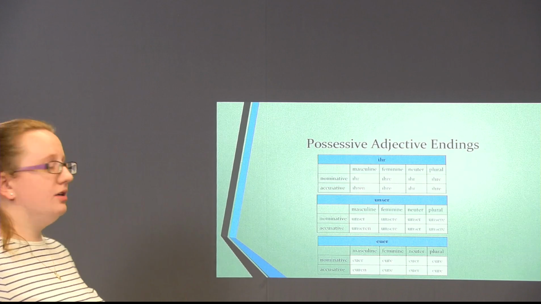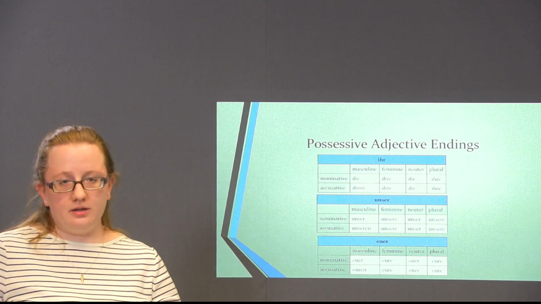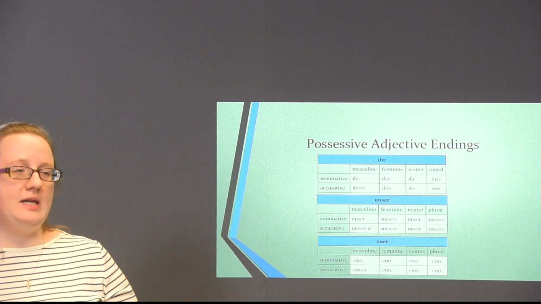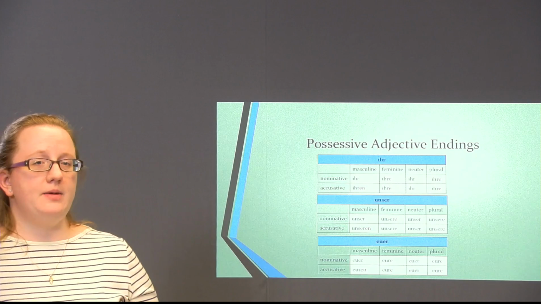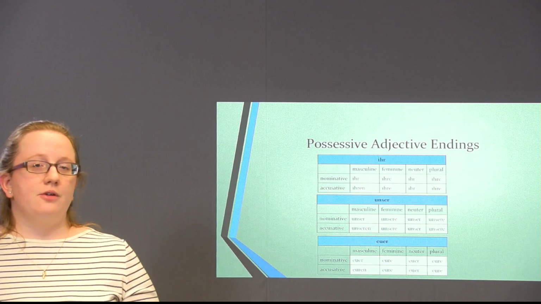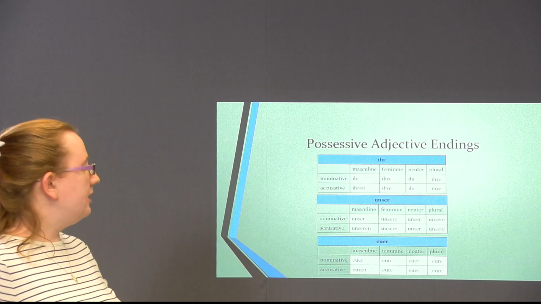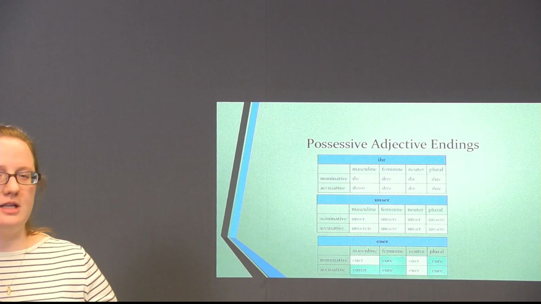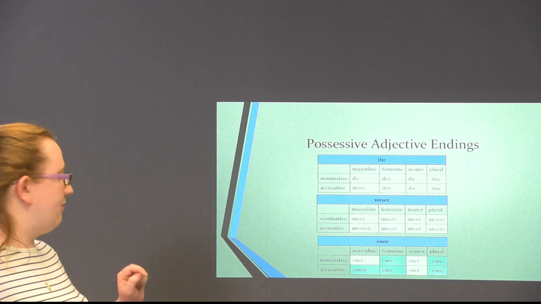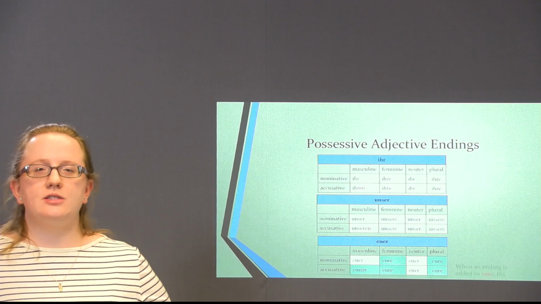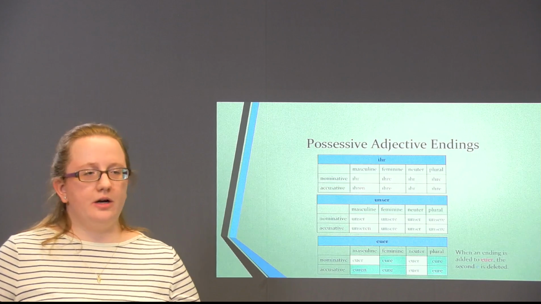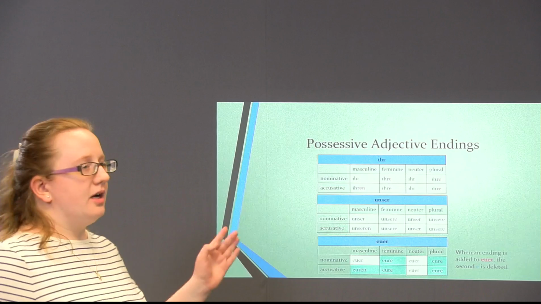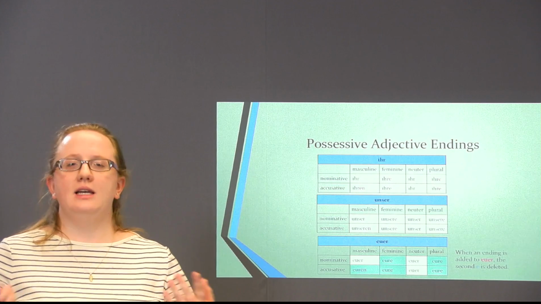So we have masculine nominative euer, and in accusative euren, feminine eure for both nominative and accusative, neuter euer, and plural eure and eure. So you may have noticed that these ones don't look quite right, and that's because as soon as we add an ending to euer, we delete the second e. Okay? So we had euere, but we deleted one e and get eure.